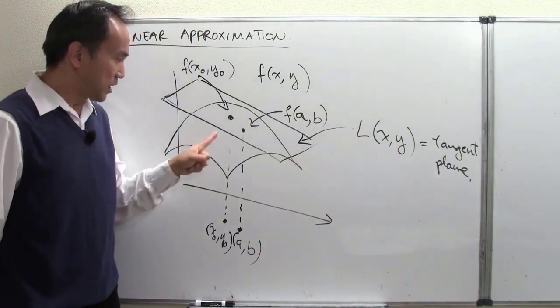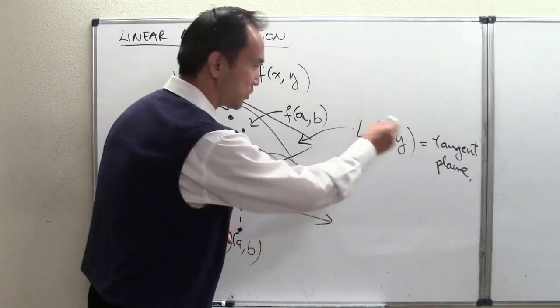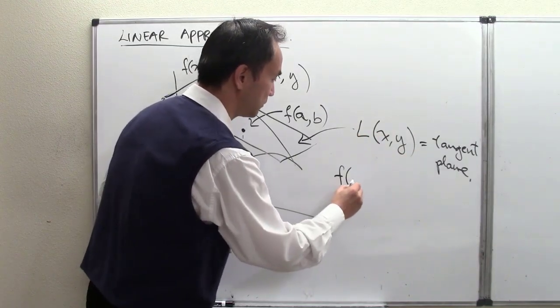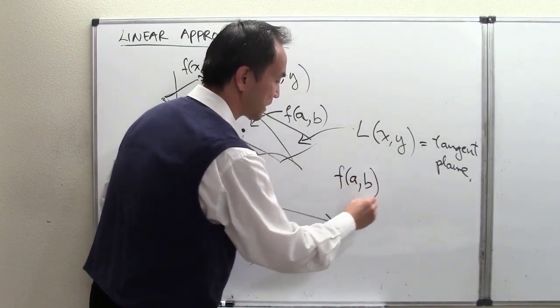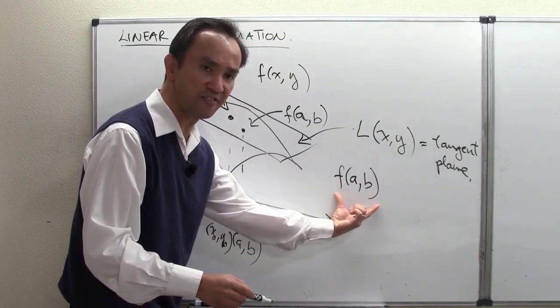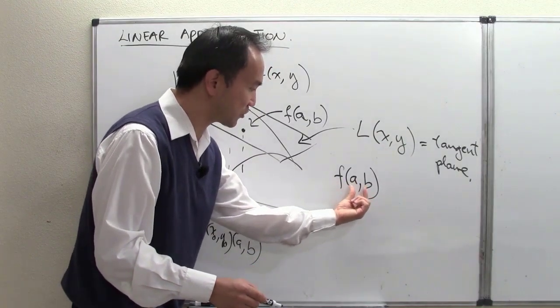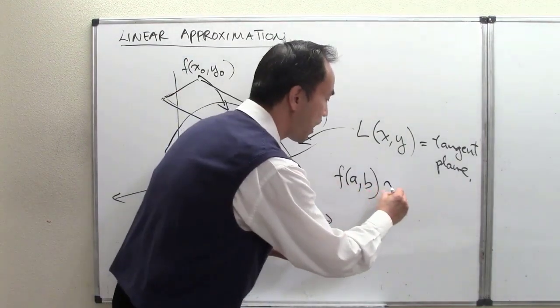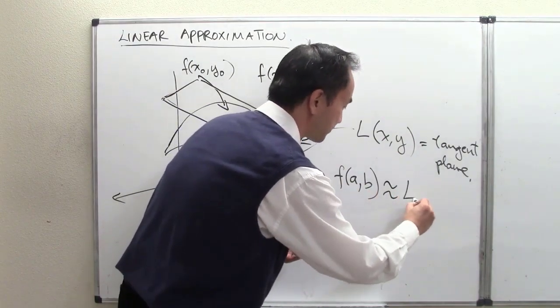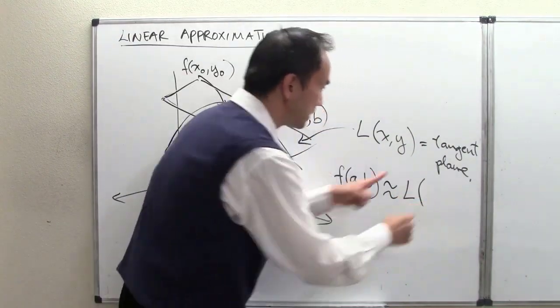Once we come up with a tangent plane, we come back and say, hey, the value that we evaluate for the function output at a comma b right here can be approximated by this linear tangent plane.